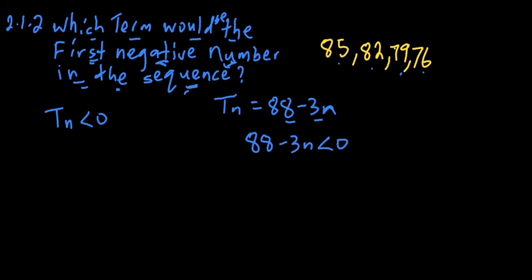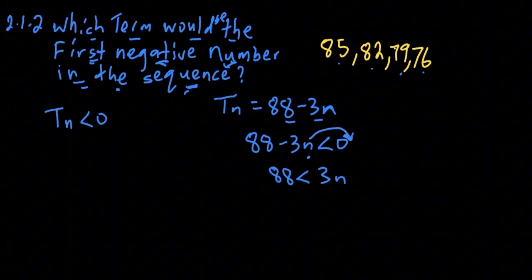Now we solve for n. 88 is less than 3n. We've taken the 3n to this side, and remember, the sign changes when transposing: it becomes a positive, or a negative if it was a positive.